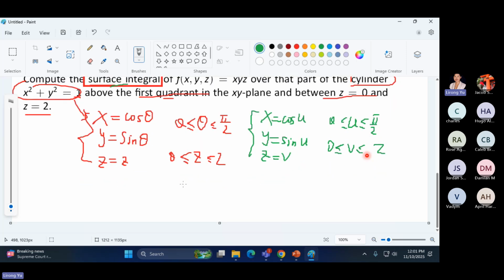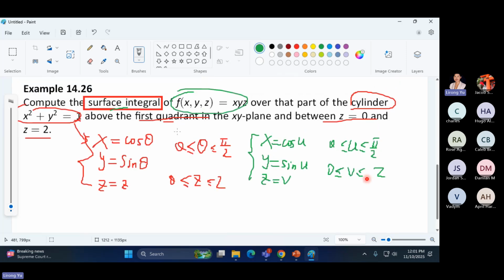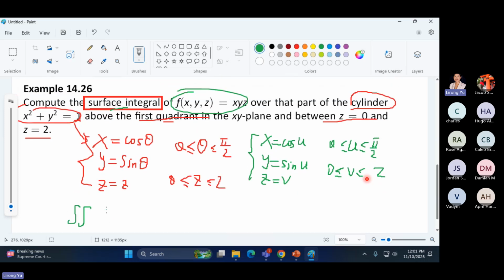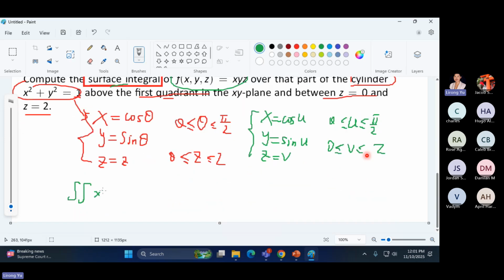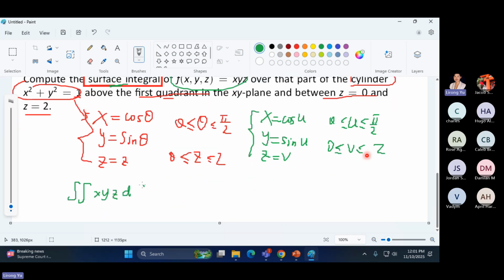Let's look at how we calculate. We're supposed to integrate this, right? To integrate over the surface, the integration theoretically is this double integral, and we're going to integrate x, y, z. Because it's a surface integral, we're doing dS. That's the original notation.